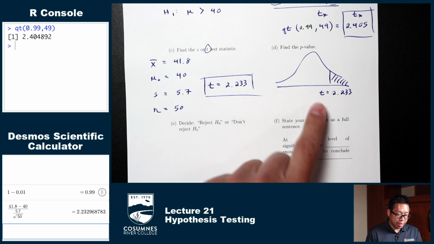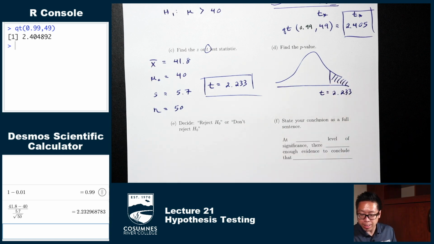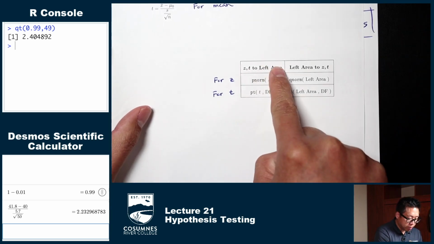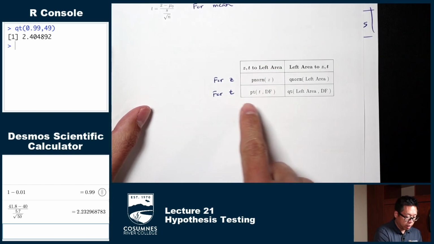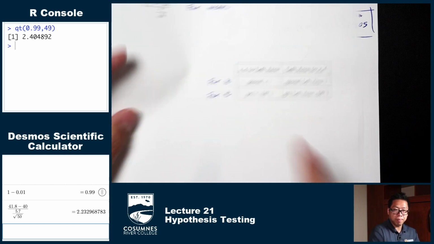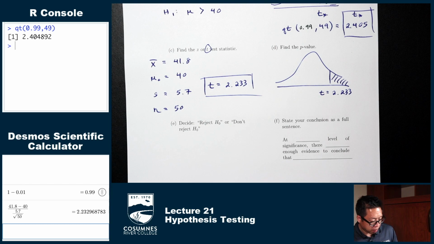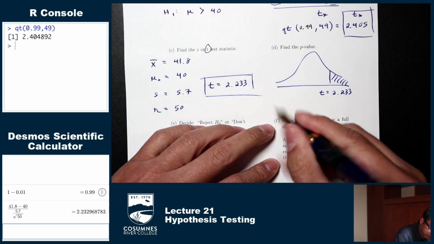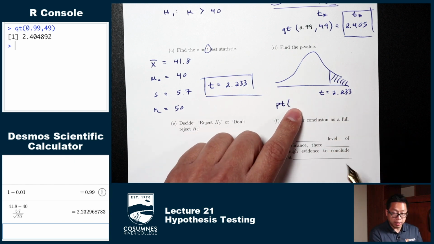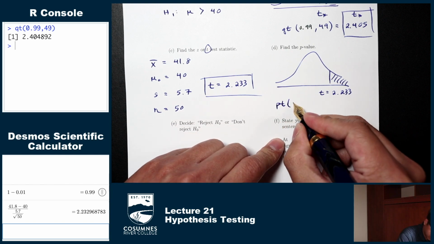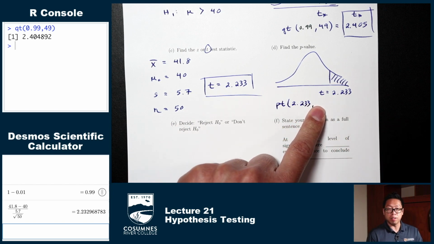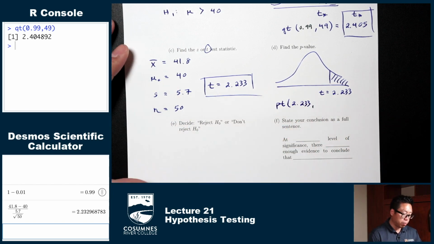Your job here is to find the area of that shaded region. Okay, this is a t to area question. For a t to area question, for the t situation, it will be pt(t, df). So we're going to do pt, the t, which is 2.233, comma, the df, the degrees of freedom, that's one less than our sample size.